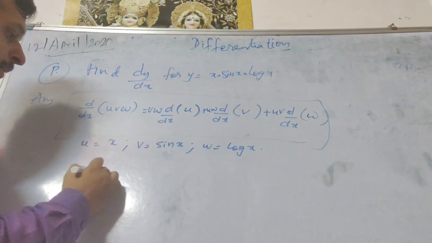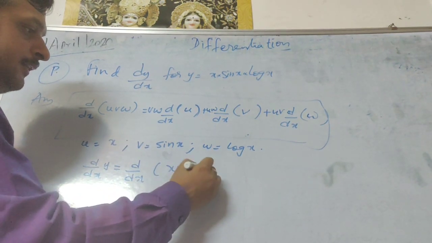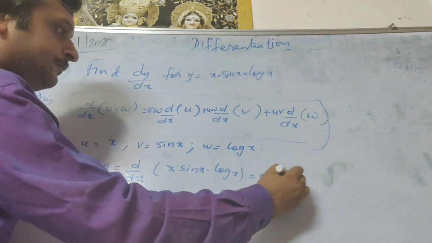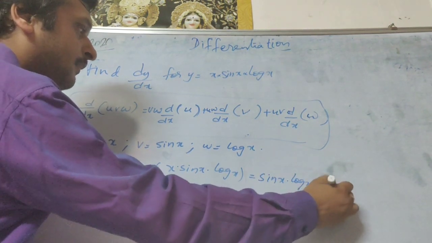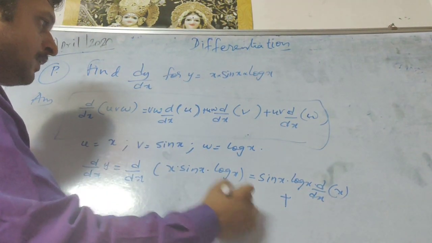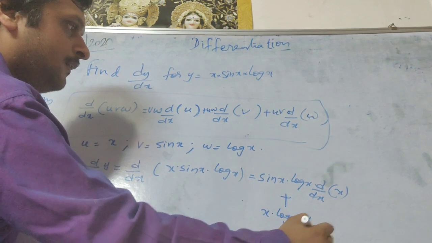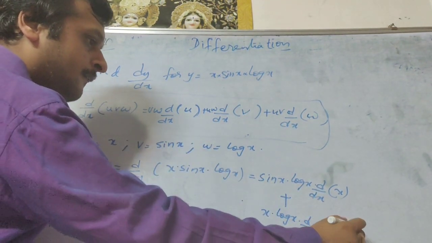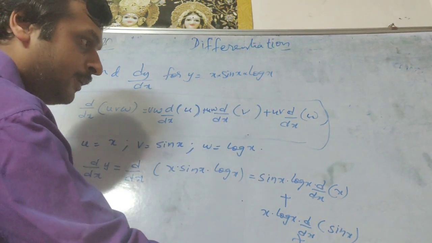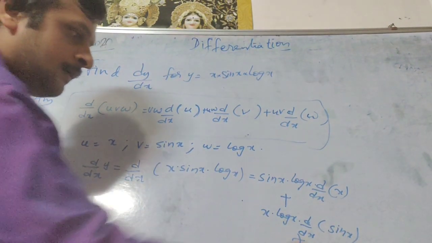Then we have dy by dx equals d by dx of x into sin x into log x equals, here vw is sin x into log x into d by dx of u, x, plus uw is x into log x, d by dx of v, sin x, plus uv is x into sin x into d by dx of w, log x.